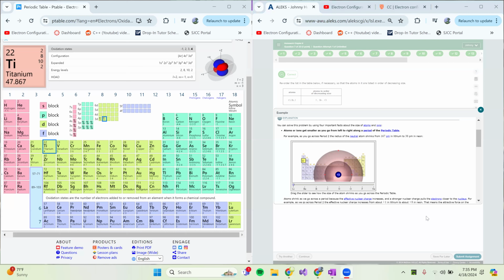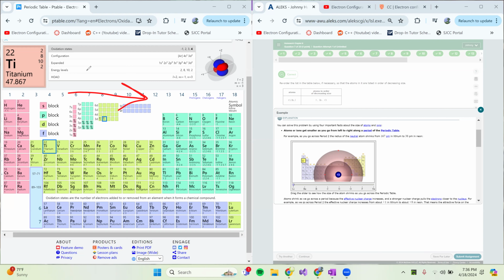This question talks about the size of atoms. As you go to the right of the periodic table, the effective nuclear charge will increase, which means the nucleus will hold the electrons closer, because the charge between the protons and the electrons holds them more tightly together.